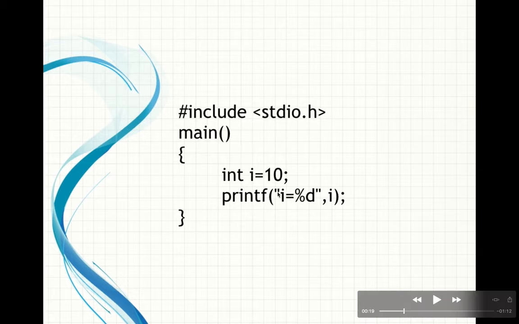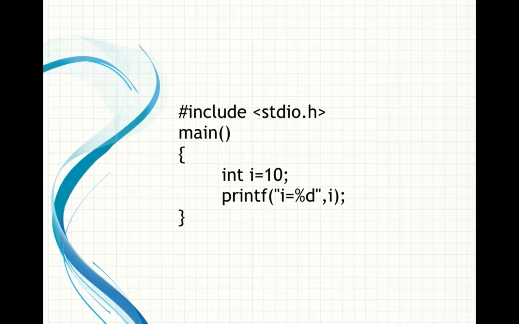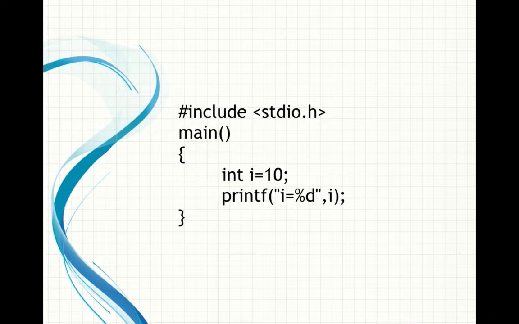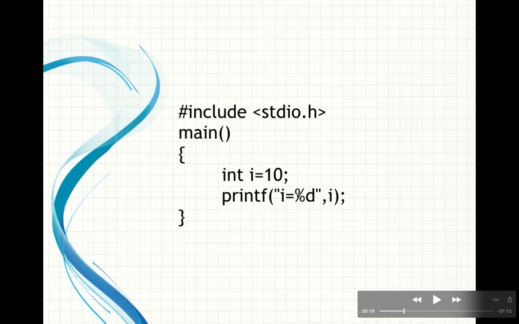Now when I try to print, let us look into the printf statement. Anything within double quotes will be printed as it is, and wherever there is a format specifier, a value will be printed. Say for example, %d is an integer format specifier, meaning that an integer value needs to be printed in the place of %d.